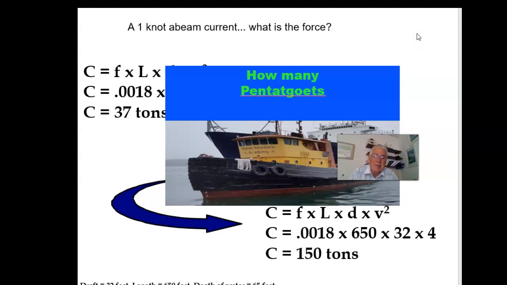Anyway, I'm kind of playing with this, and I'm giving you some thoughts to think about. So how many Pentagoets is that? Let's take 150 tons of force with a 2-knot current. I'm pulling the calculator out, and I'm just going to divide.